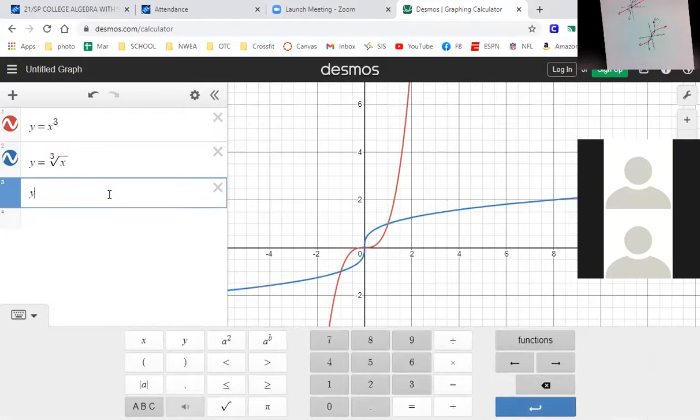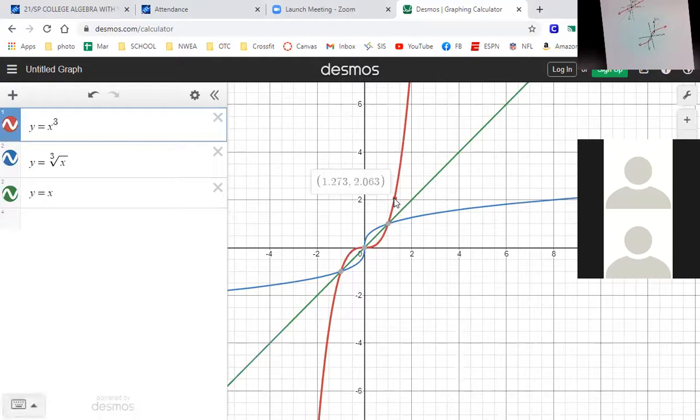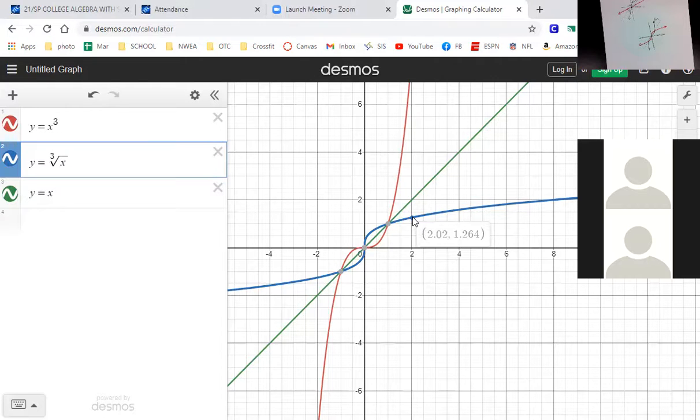Now, this is the line that's kind of that invisible line, that y equals x. And if you were able to measure from one to the other, those points would all be equidistant. So this point would be equidistant to that point from there. In fact, if I do this right, that'd be 1.265, 2.024. That should be 2.024. It's not letting me get directly on it, but anyway, those points are basically inverses of each other. And then anytime you cross that line, notice that's where your lines are intersecting as well.